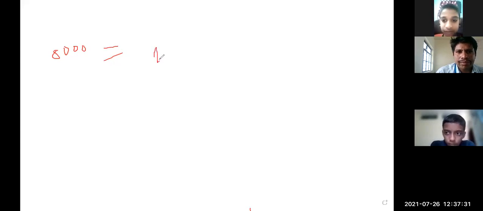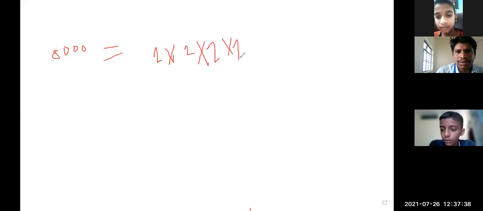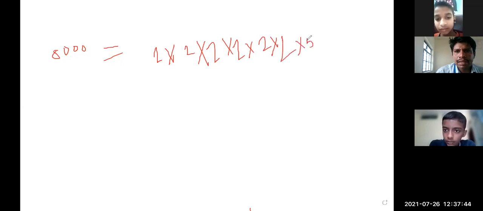Right here 2 multiplied by 2 multiplied by 2, 3 times. This is a 4, this is a 5, this is a 6. Then multiplied by 5, 3 times we have to write there 5 multiplied by 5 multiplied by 5.